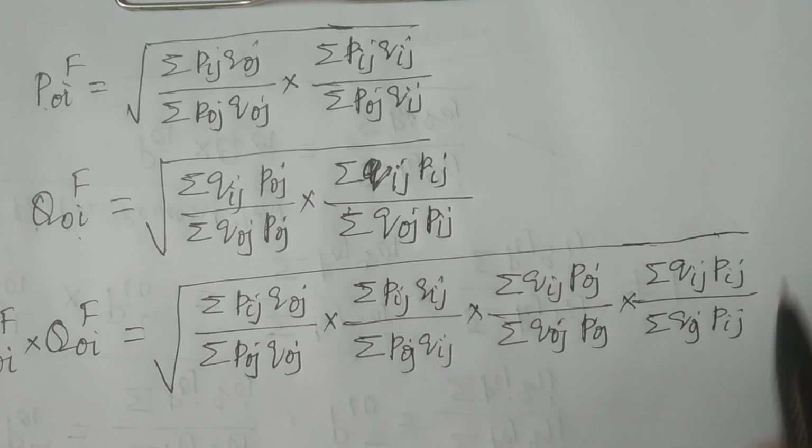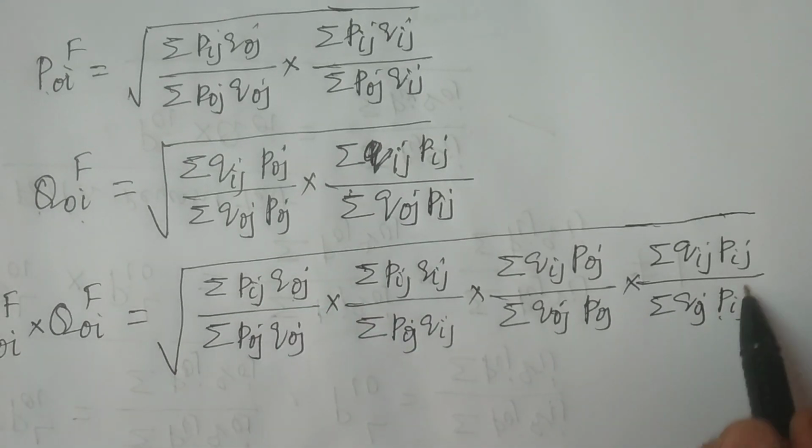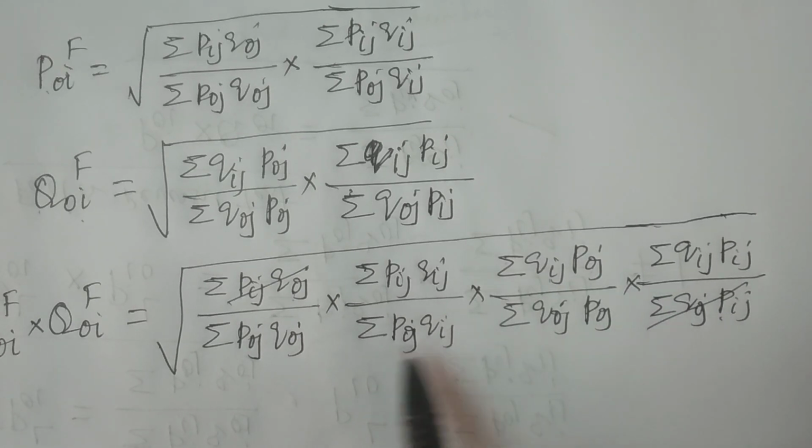Now you see which terms are going to be cancelled. Pij Q0j will get cancelled. Qij P0j summation will get cancelled.